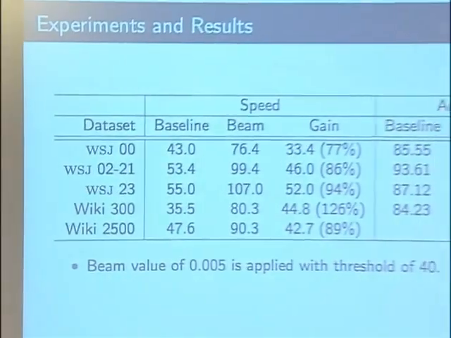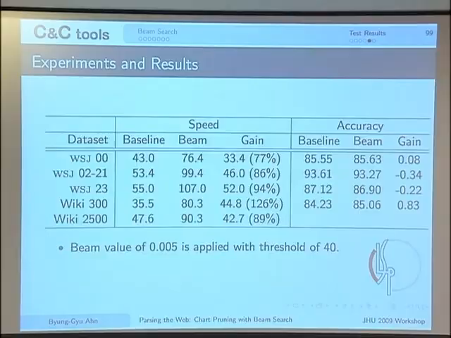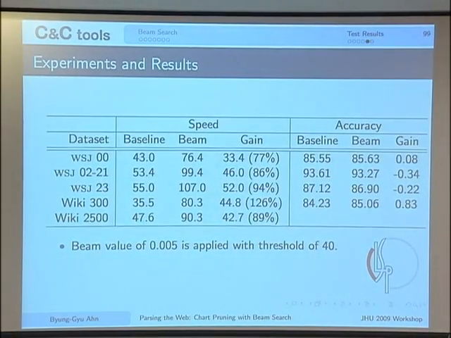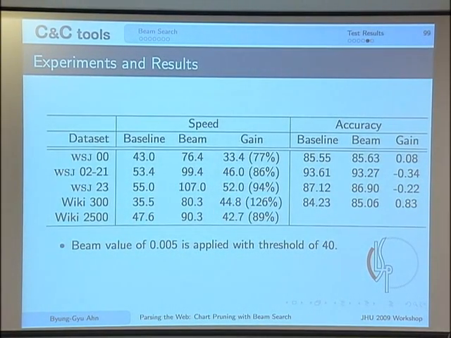But it is true that accuracy tends to decrease with a more aggressive beam. So we tested this beam search approach on various data sets, namely Wall Street Journal Sections 0, 22 and 23, and we applied it to the Wikipedia 300 sentences data set. These are all annotated, so we got accuracy results here for those 4 data sets.